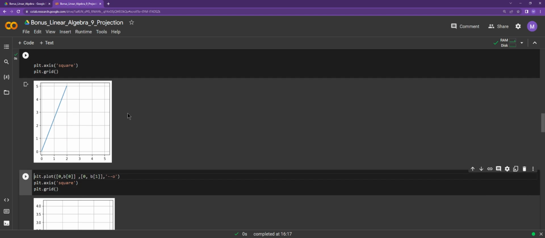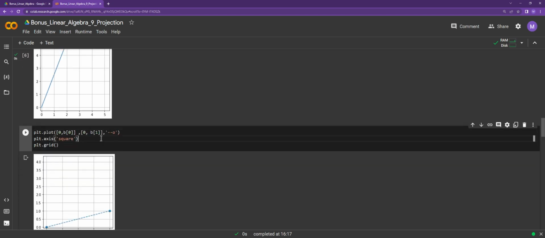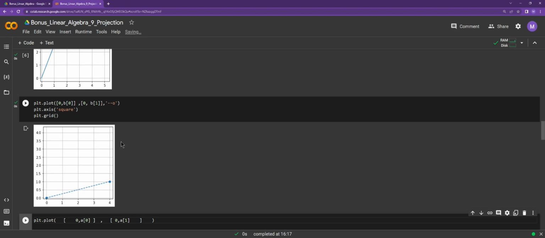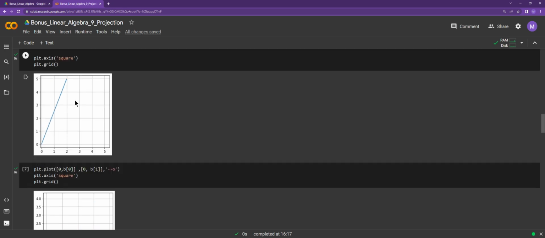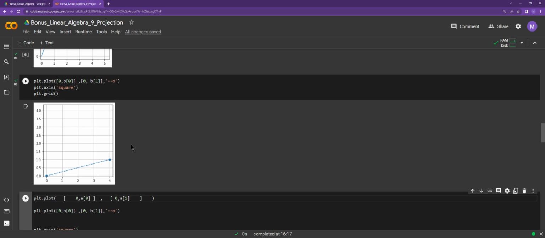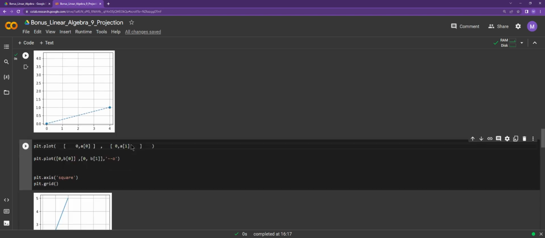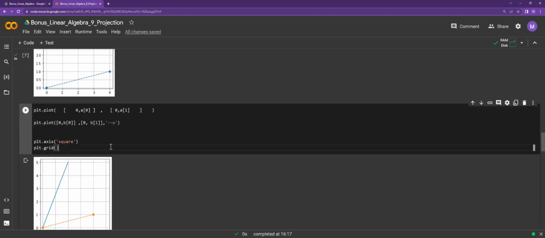So that's the vector. And I'm going to plot vector B, just like this. I've just used these two dashed lines to show you that this is vector B and this is vector A. Let me do them together now here.